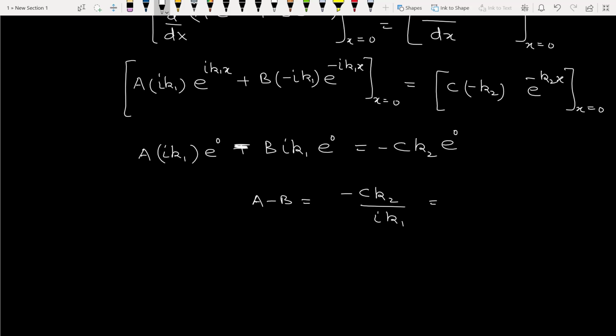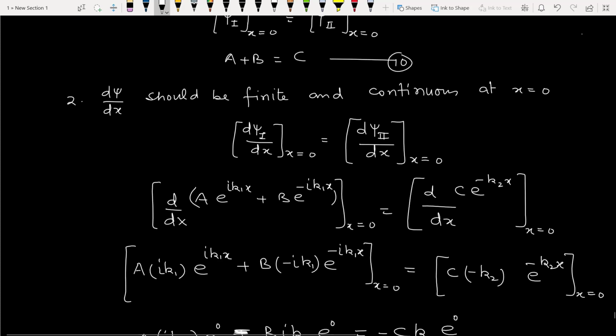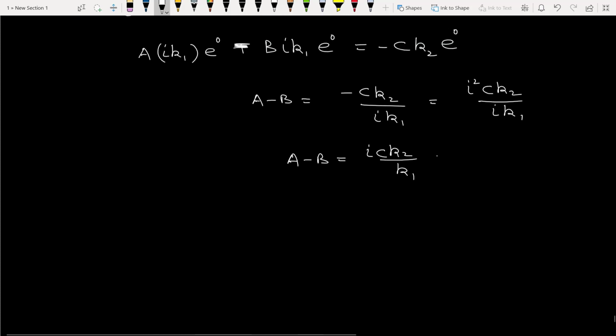So minus 1 can be written as iota square, so c k2 upon iota k1 gives a minus b equal to iota c k2 upon k1, and we write it as equation number 11.